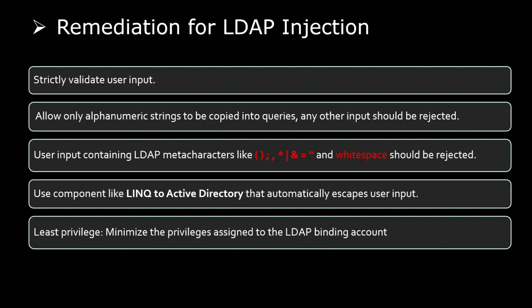This LDAP account or user account should be able to access only this much information. So you minimize the privilege and the access. Even if LDAP injection happens, the user will only be able to access a limited amount of information.